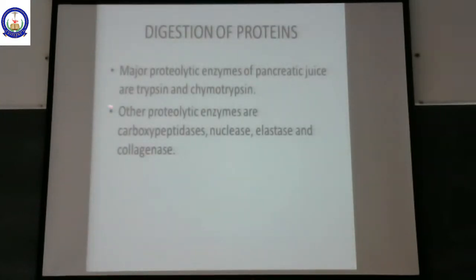These protein moieties are broken down by these enzymes: trypsin and chymotrypsin. Other proteolytic enzymes are carboxypeptidases, nucleases, elastases and coagulases.